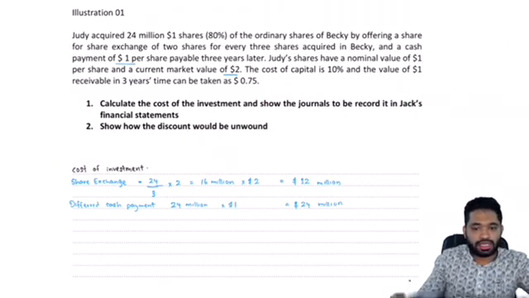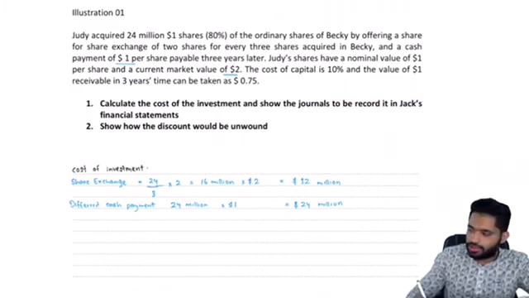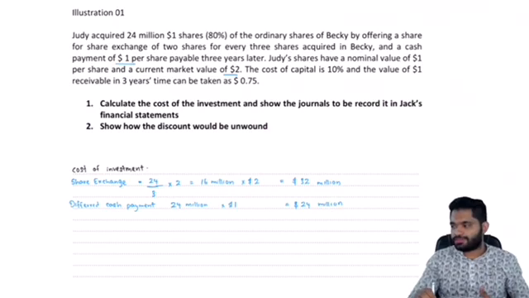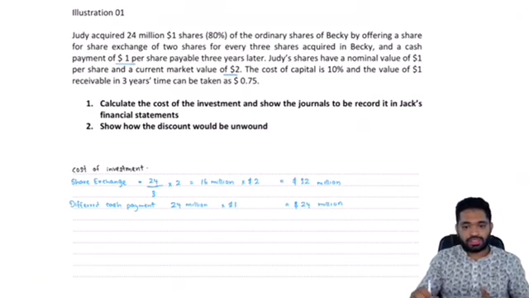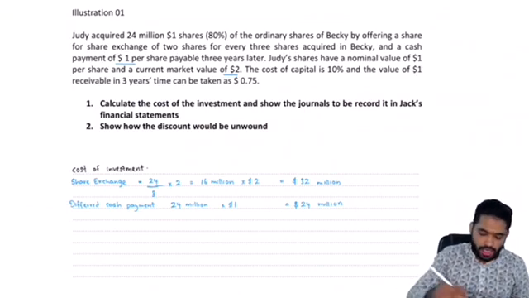So you need to discount these cash flows, right? So you have your 24 million.